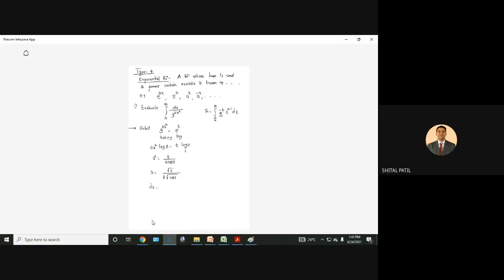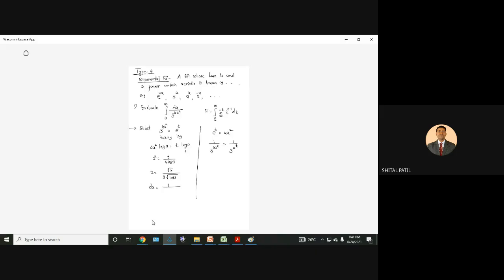Derivative समजत नाहीये सर, थोडा प्रॉब्लेम होतोय. सांगा काय substitution. You tell me the substitution, I'll tell you why it is wrong. e raised to t equal to 4x square, then 1 upon 3 raised to 4x square will become 1 upon 3 raised to e raised to t.